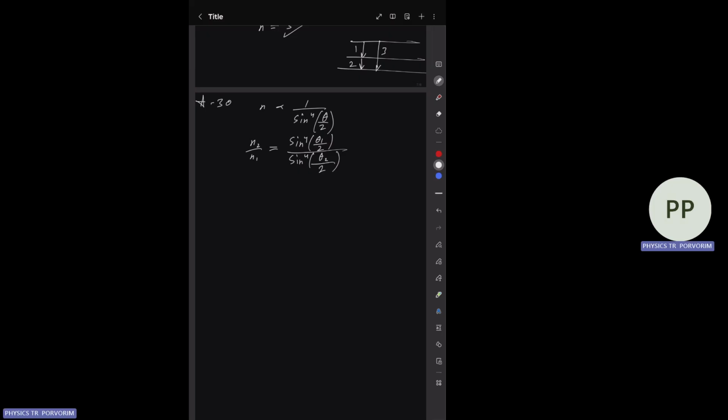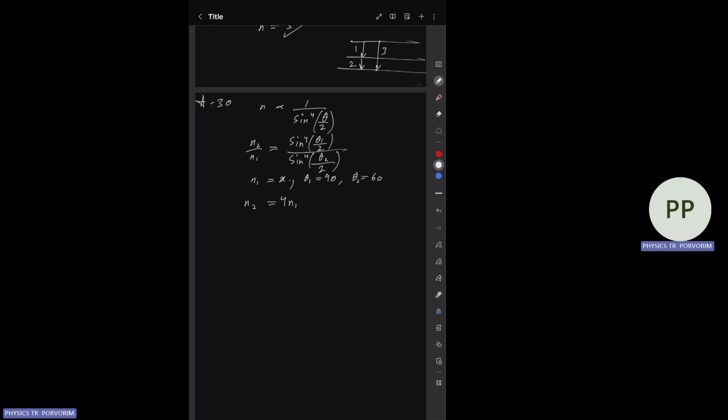Now n1 is x, theta 1 is 90-degree, theta 2 is 60-degree. When we put the values and solve it, we'll have n2 equal to 4 times n1.